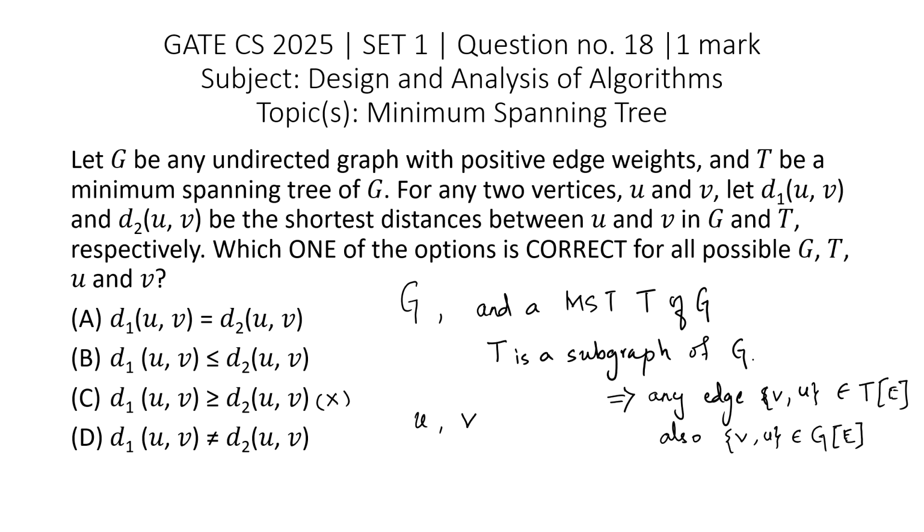And now, to validate the other three options, let us consider an example. Consider a graph with 4 nodes, and let the weights be defined as 1 on each of these edges.